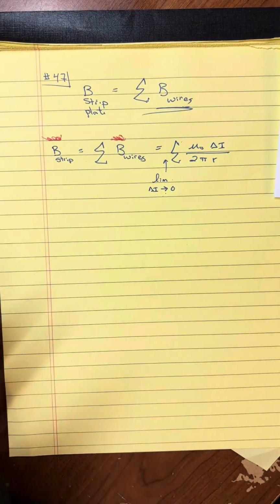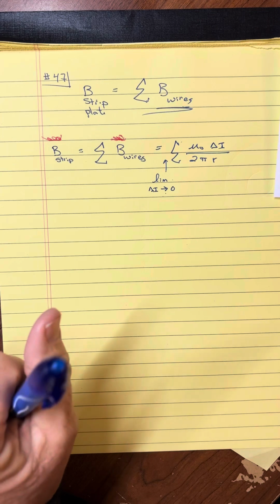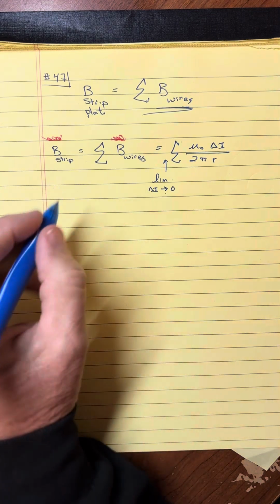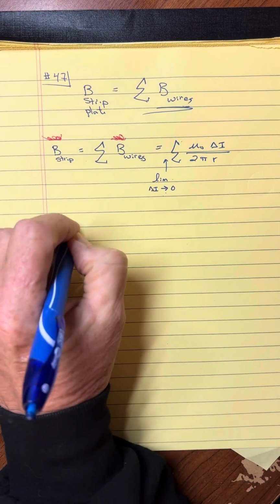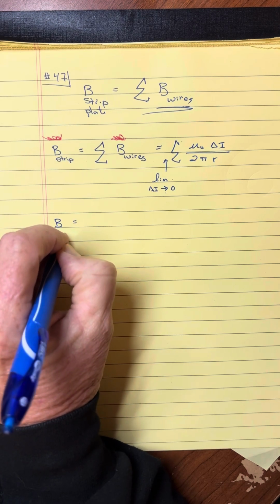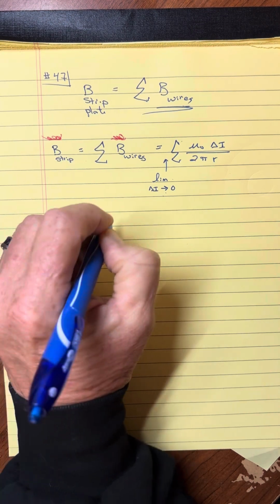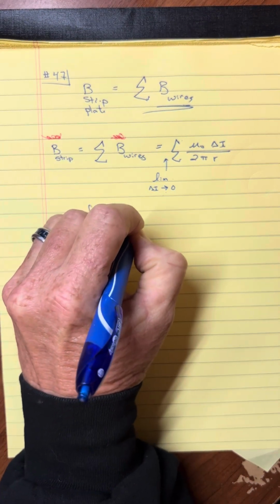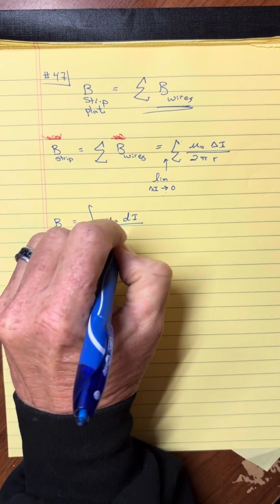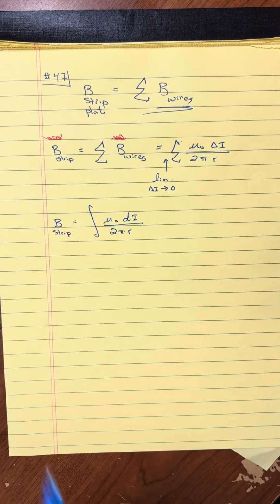Therefore, the amount of current gets smaller and smaller. So we could then say, okay, the field by the strip would then be an integral of mu naught dI over 2 pi r. And so that's going to be my integration.